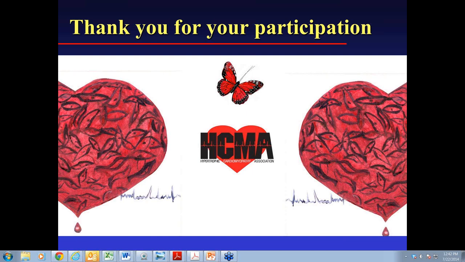Once the data is de-identified and becomes numerical, it becomes part of the data within the entire study and doesn't go to your medical record, is not linked in any way to your medical record. It will be forever part of the database for the HCMR study as 003-052.